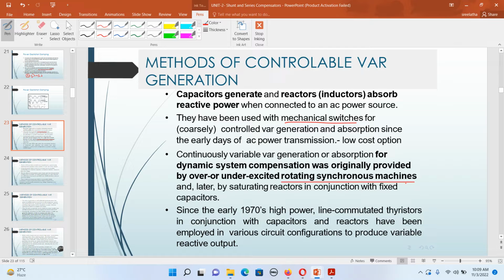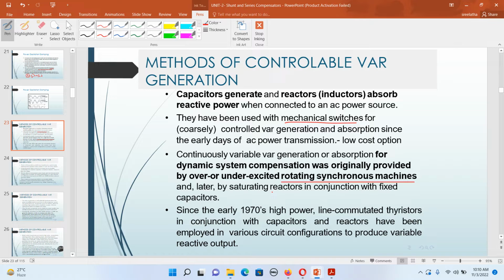These synchronous machines are still in use, and mechanical switches are also still there. It's not like only new things are coming up; the old things are still there, and synchronous generators are still a popular choice because of their affordability, and also the technology is very old, so people know how to operate it.